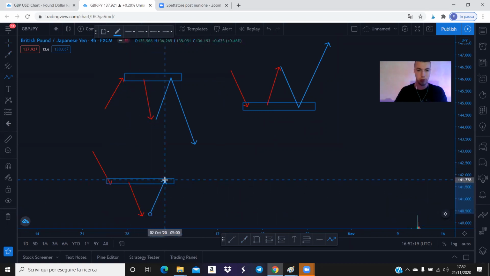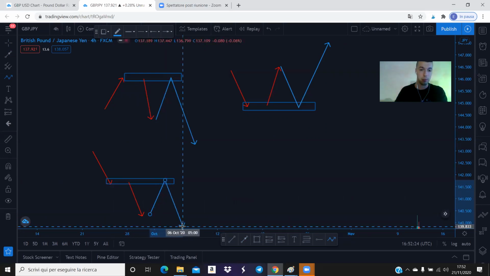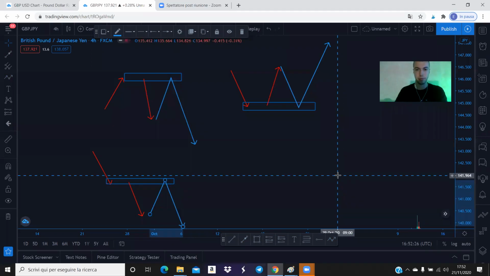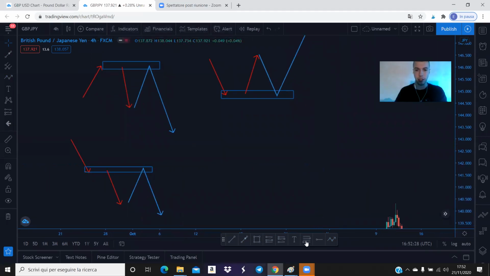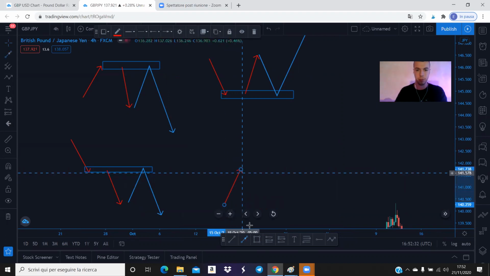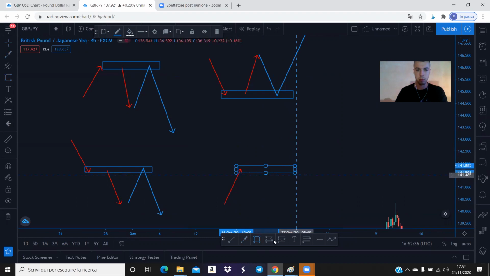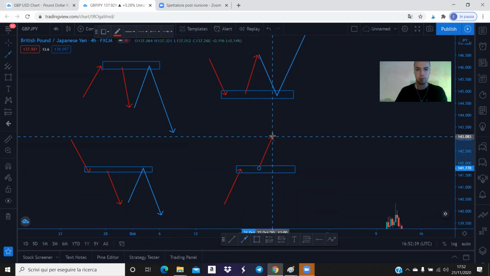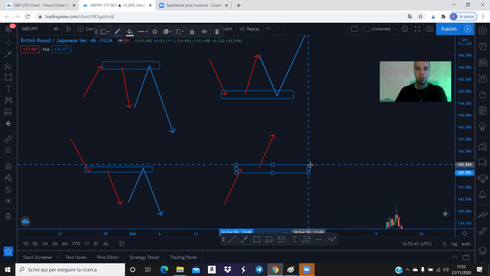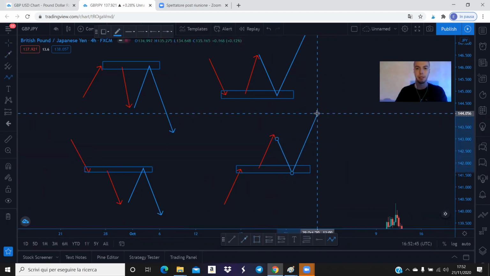You wait for your retracement to the supply and you enter your trade. Then you have finally the last option, which is the push base push. Wait for the retracement and enter the trade.